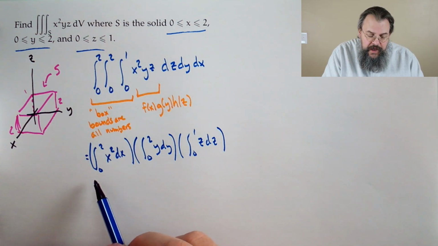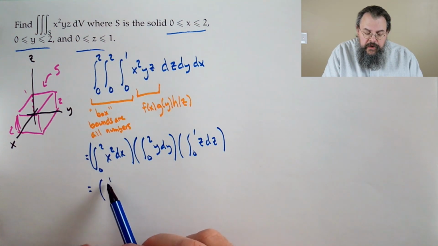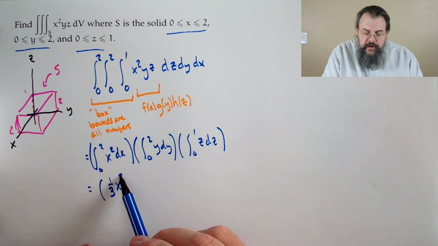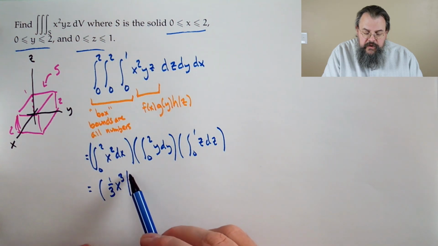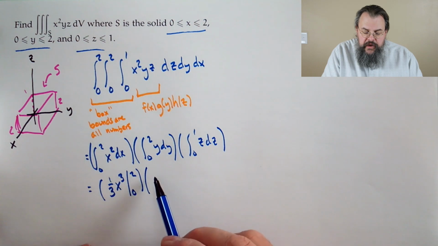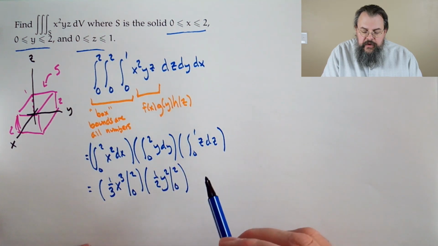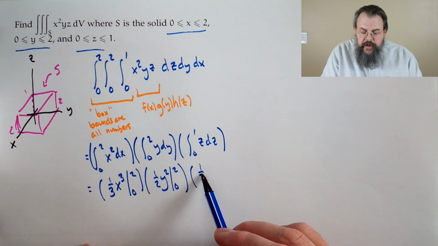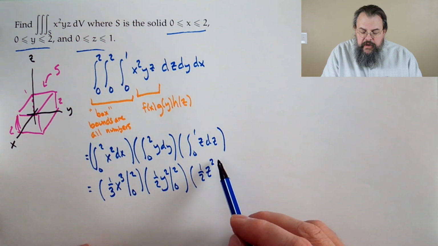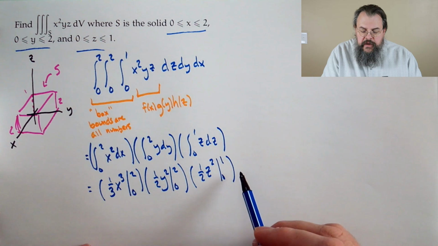So we say, okay, this is 1/3 x cubed from 0 to 2. Here, 1/2 y squared, 0 to 2. And here, 1/2 z squared, 0 to 1.